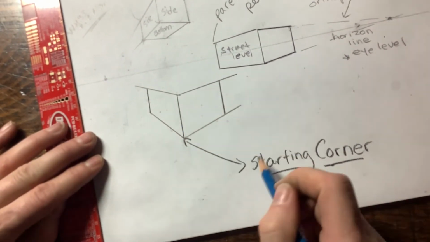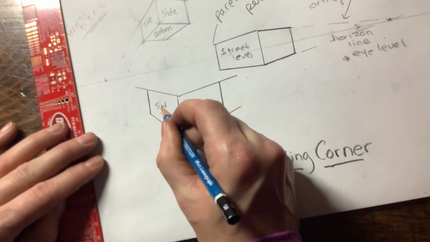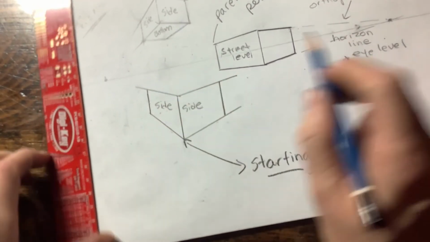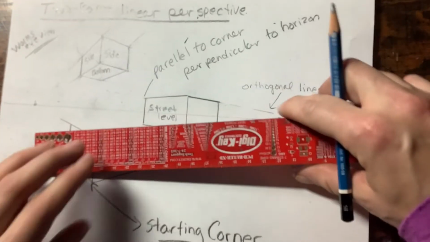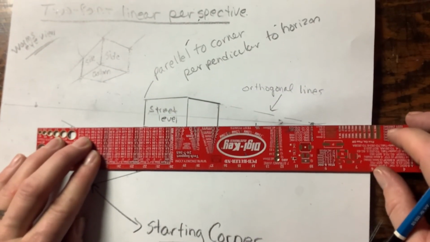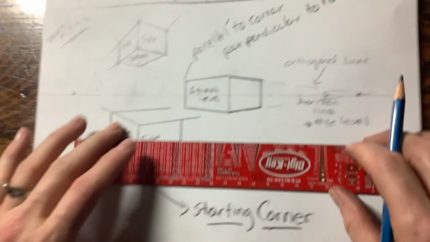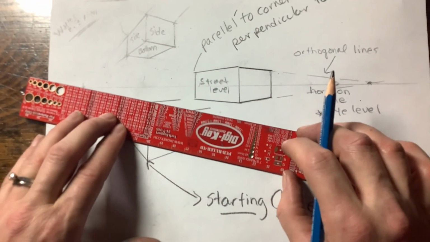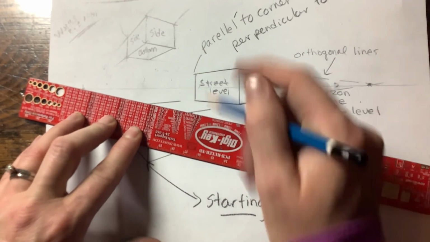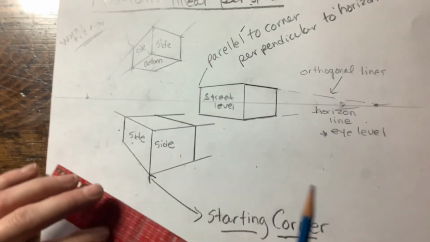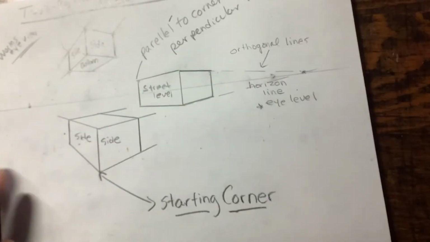So we have the corner, we have the side, and now we're going to do the top. Now I'm drawing darker than you should draw. Okay, I'm drawing dark so you guys can see. When you're doing this, draw lightly to start.